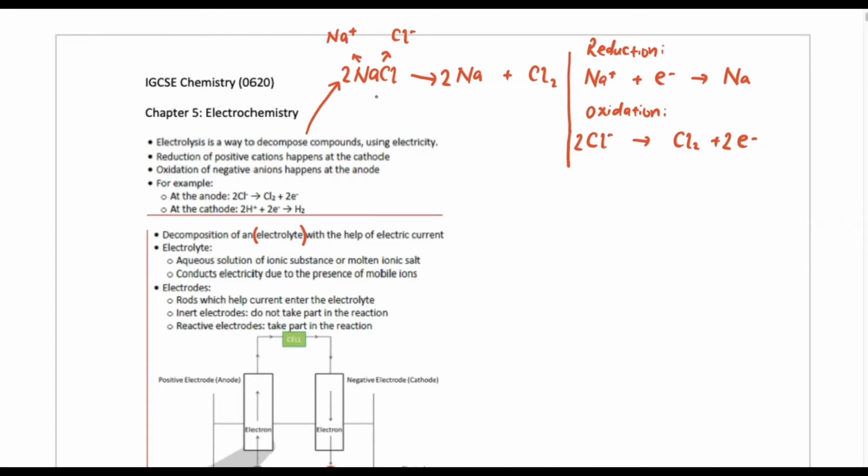You melt the NaCl, and then that is electrolyte. Okay, so the electrolyte can be in molten form or in aqueous form. Molten or aqueous.